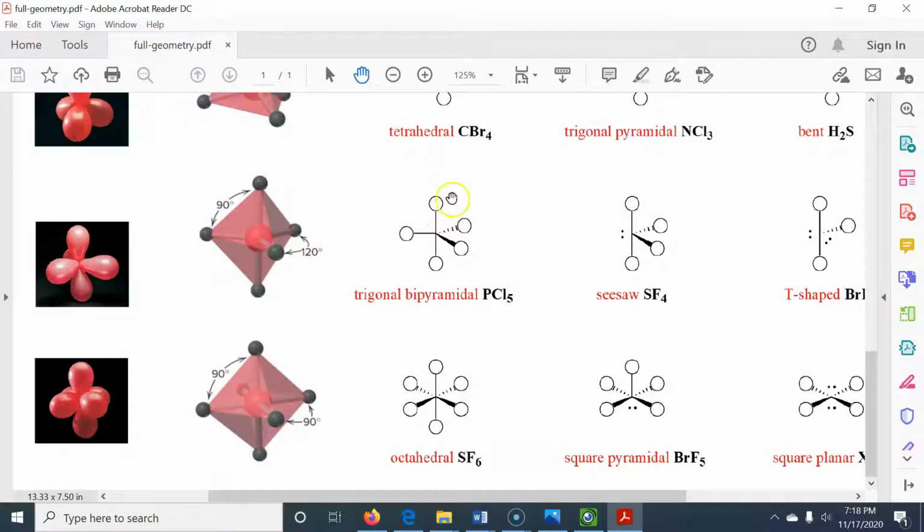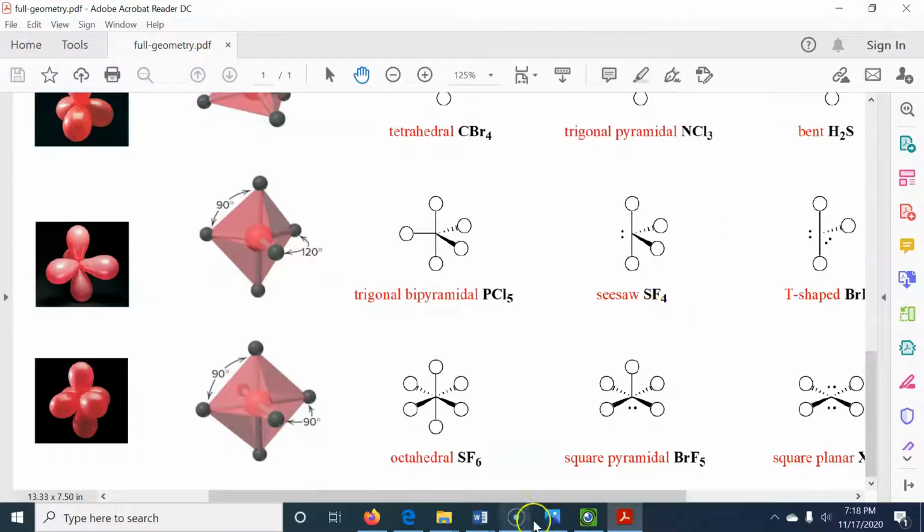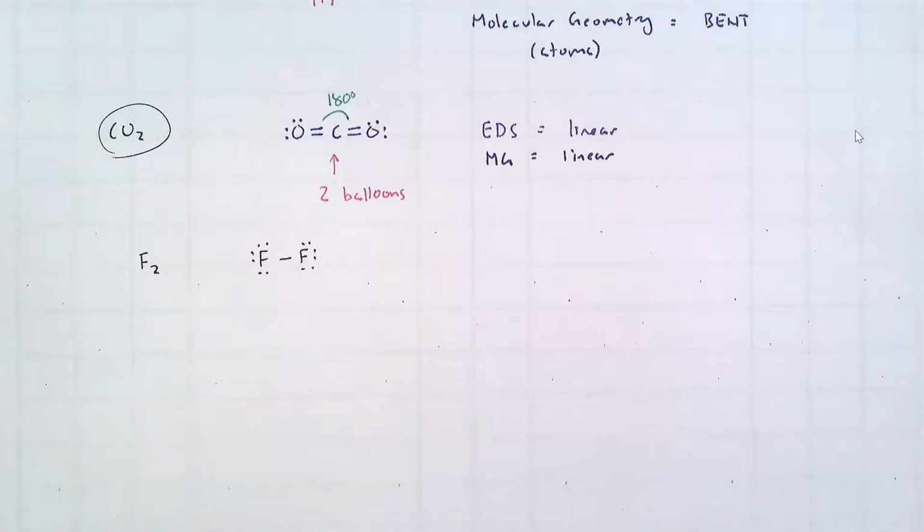Let me just double check this. Well, it just maximizes the total distance between each of these bonds. Let me show you a model, and maybe that will help a little bit. The model for the trigonal bipyramidal looks like this.